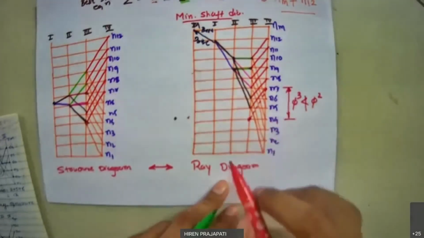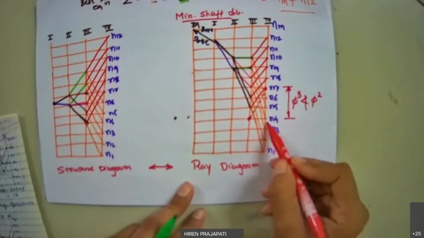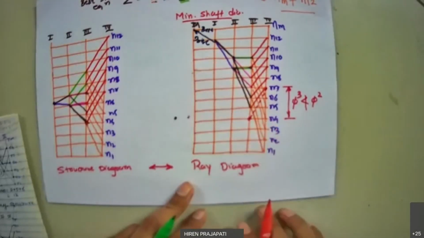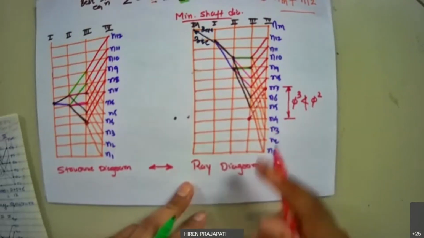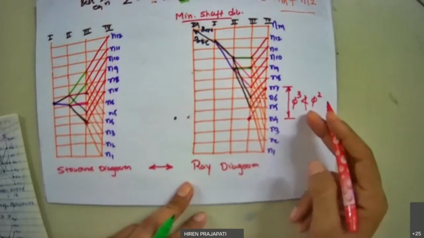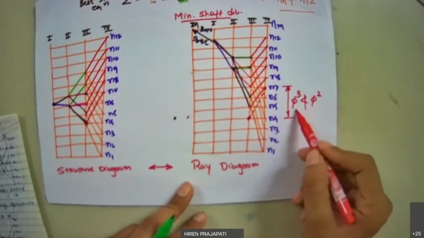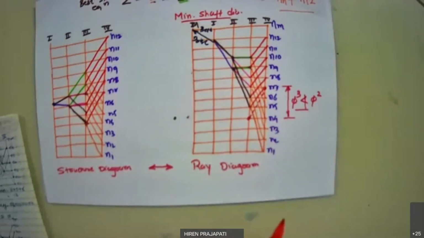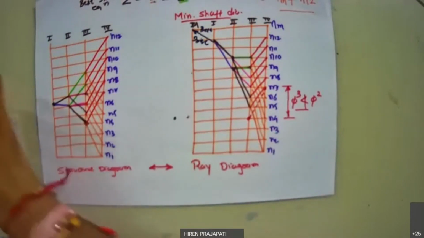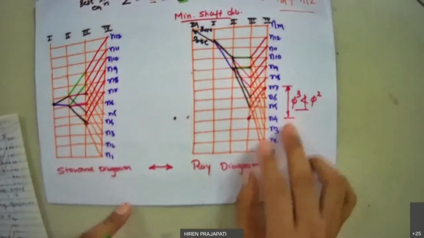So we have only one option here. We can only go for N4, minimum shaft diameter. We cannot go for minimum radial dimension. If you go for that radial dimension, then you will violate this rule, means the pitch line velocity rule. I hope it is clear, right?